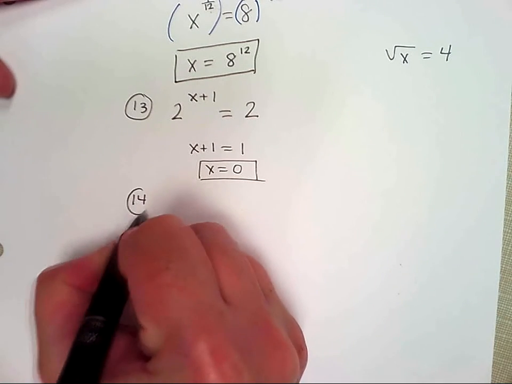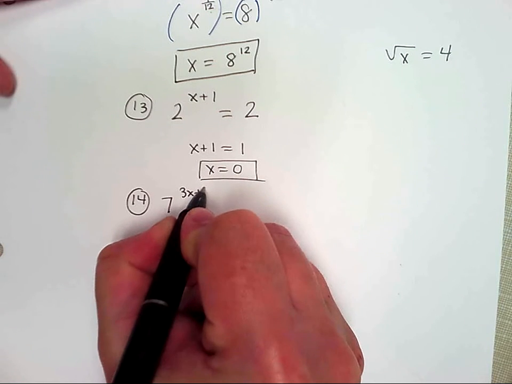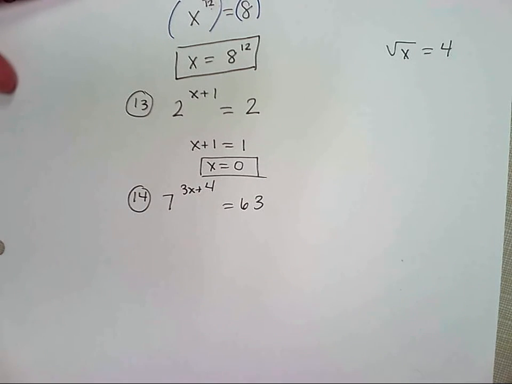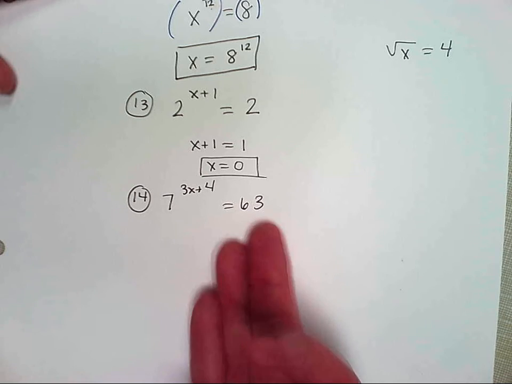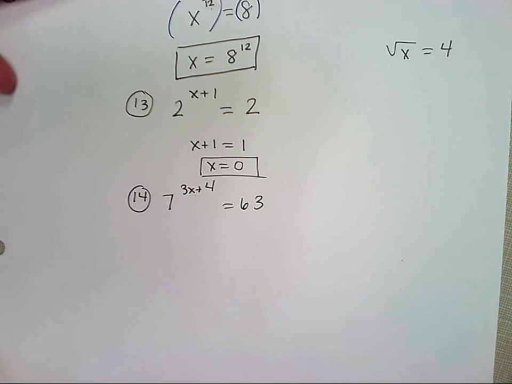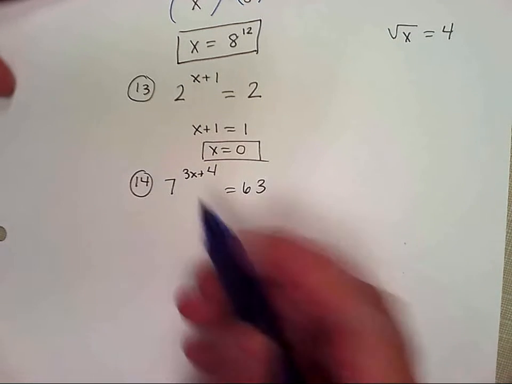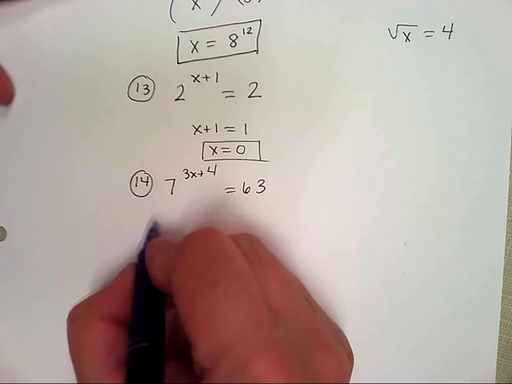All right, let's do one where we have to take the log. I have 7 to the 3x plus 4 equals 63. Okay, now there's no way I can have the same bases, right? So like Reese said, I need to take the log of both sides. So I'm going to say, we can take the natural log or the log. I kind of like natural log more.